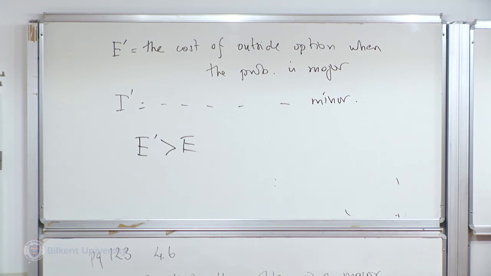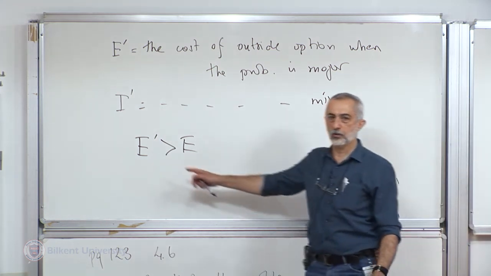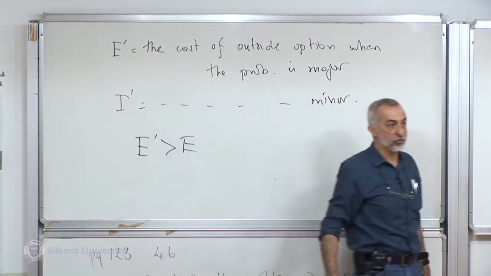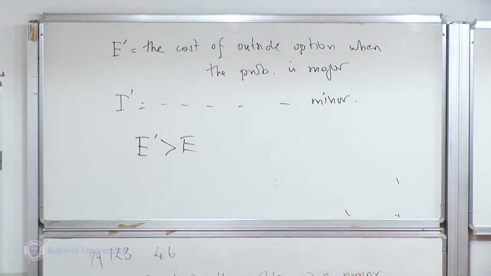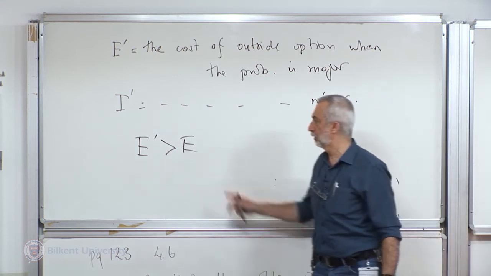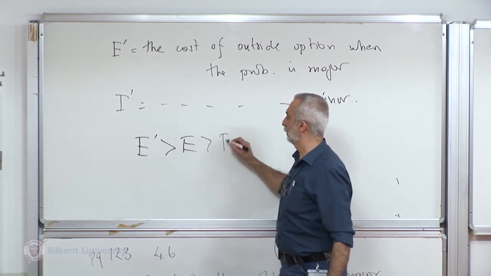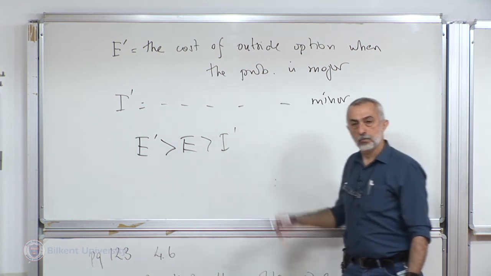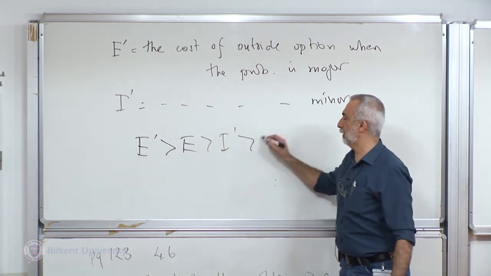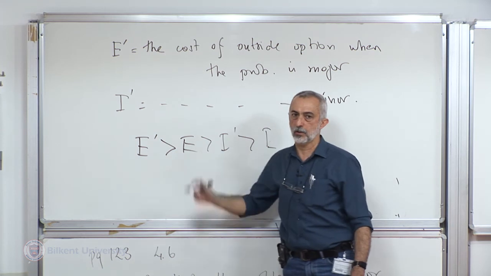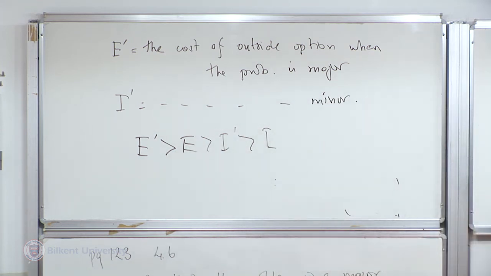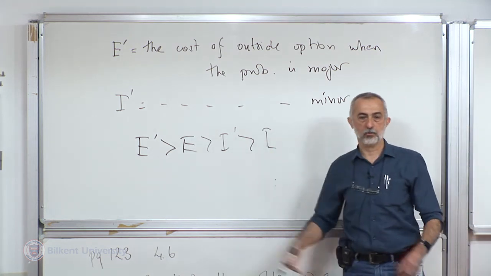You have to work on it yourself. You're not an expert. It's going to be more time consuming, and time is valuable. You have to go around, find another shop, search, and all that stuff. Okay? We'll assume that E is bigger than I prime, and that's bigger than I for the same reason here. Even if the problem is minor, you have to search for another repair shop, and so on.